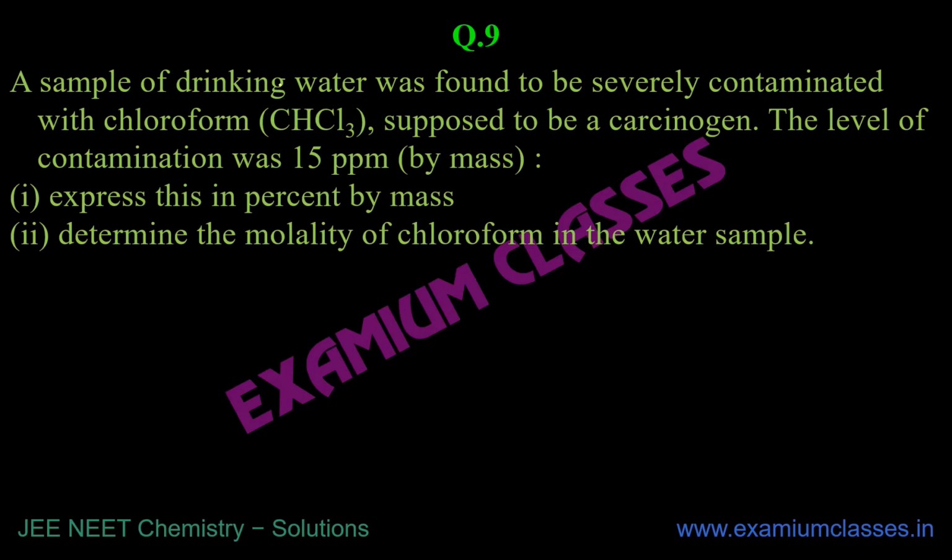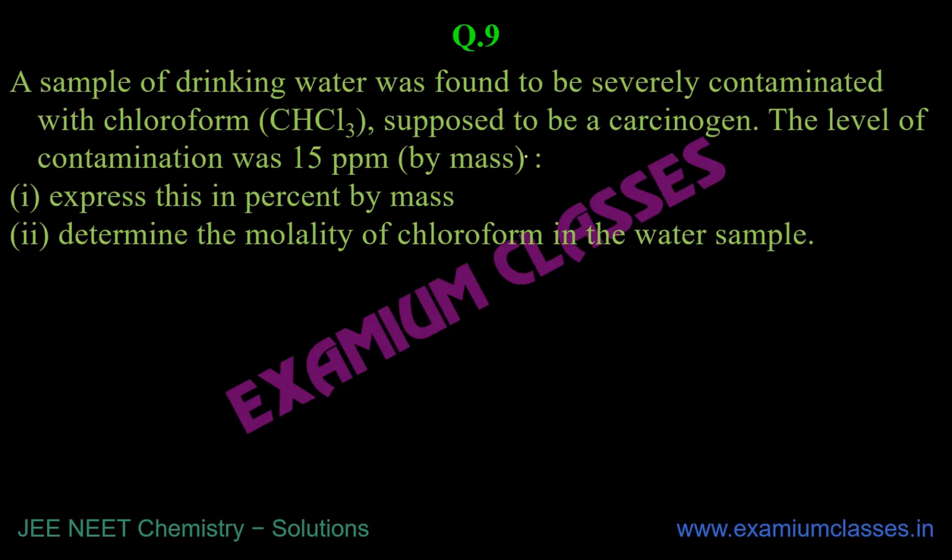So this is the solute, supposed to be carcinogenic. The level of contamination was 15 ppm, meaning by mass, 15 grams was present in 1 million. So 15 parts in 1 million.